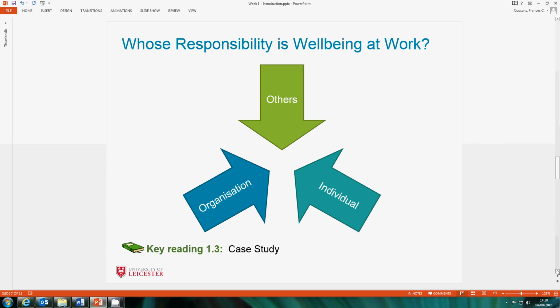Nonetheless, given that much of many people's lives is spent at work, there is an expectation for employees that the company they work for will provide opportunities for them to be able to achieve well-being at work. For this to be effective, employee well-being needs to be part of a regular business dialogue and be deeply embedded into an organisational culture. Key Reading 1.3 is a case study from the CIPD's 2007 report on workplace wellbeing.